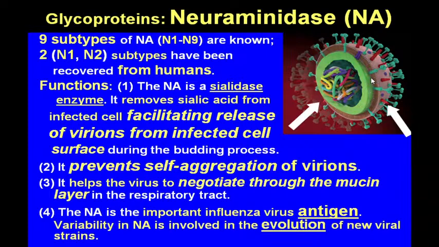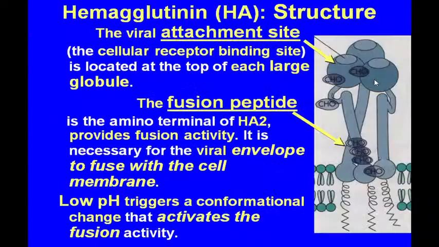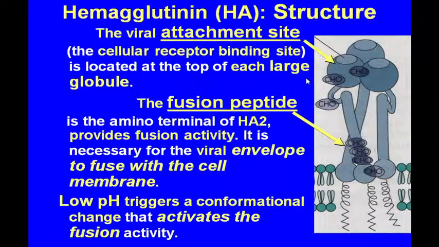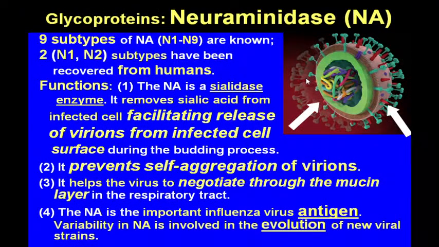But also the neuraminidase prevents aggregation of the progeny virions released from the host cell. If neuraminidase is not working, then the virus will stay aggregated on the surface of the cell and it will not be infectious. So that's why both neuraminidase and hemagglutinin act as targets for anti-influenza therapy.